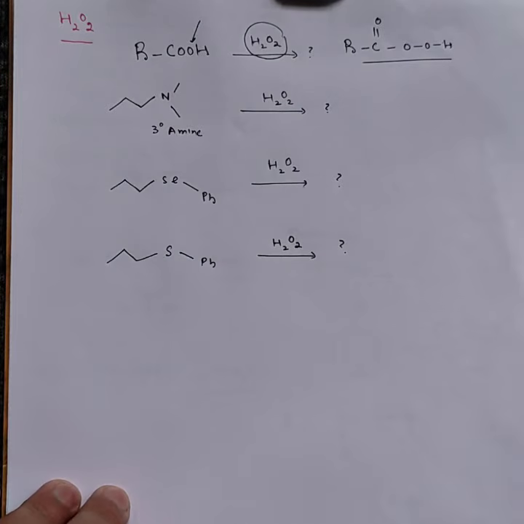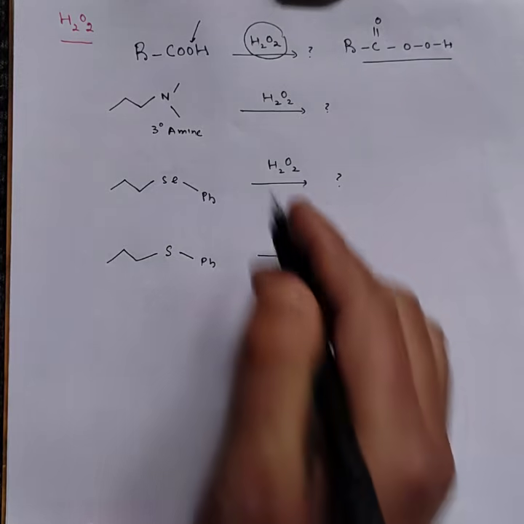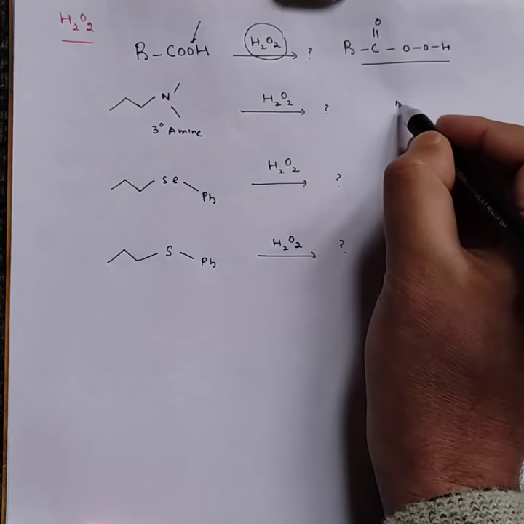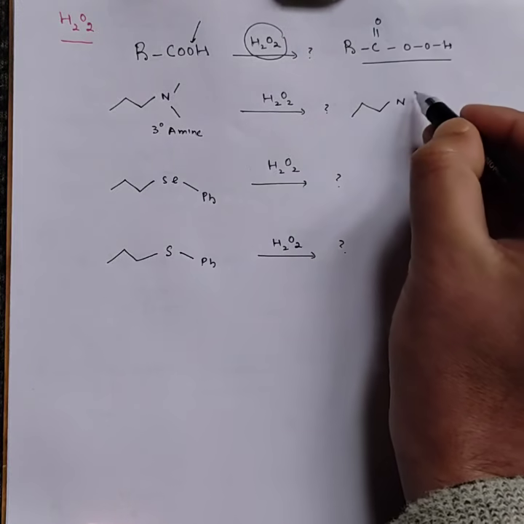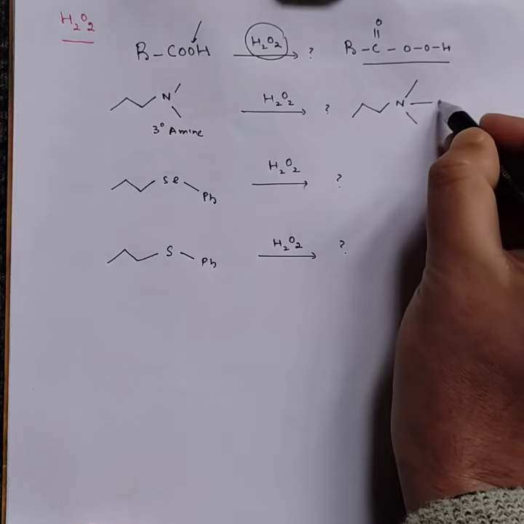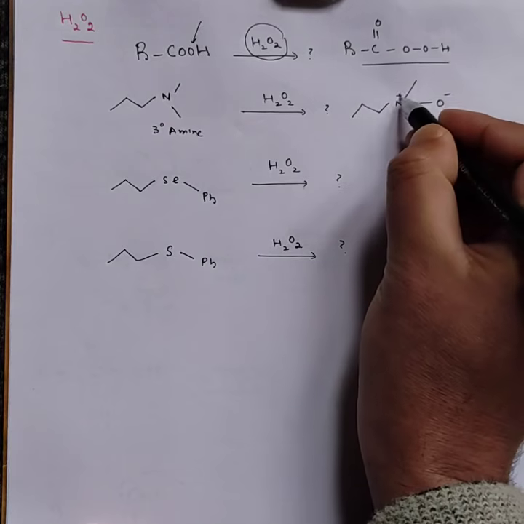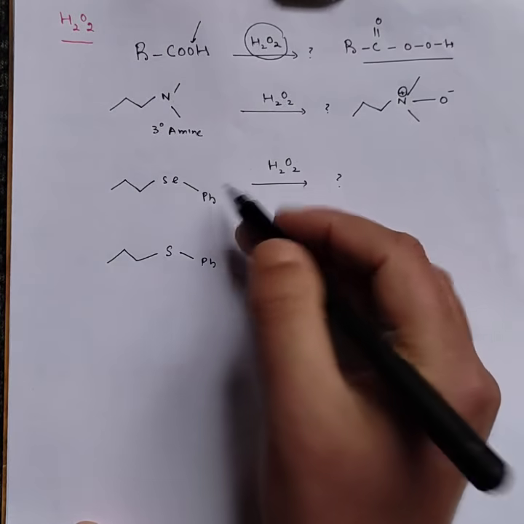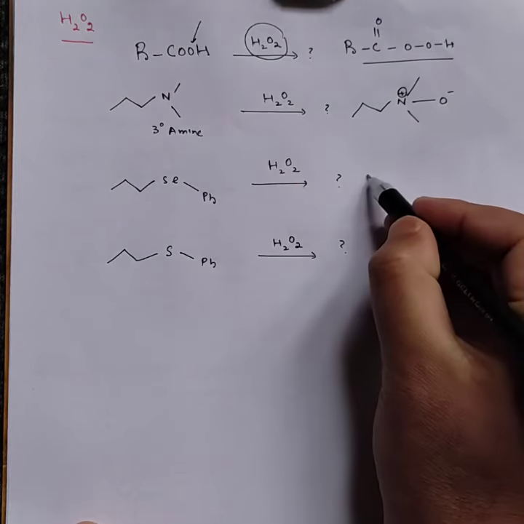Simple. ठीक है, इसमें ज़्यादा mechanism का इतना ज़्यादा not to worry about. Now in this case, it converts this into N oxide. Very simple. So it gets oxygen and then nitrogen here a plus. It gets N oxide. Selenium forms selenium oxide.